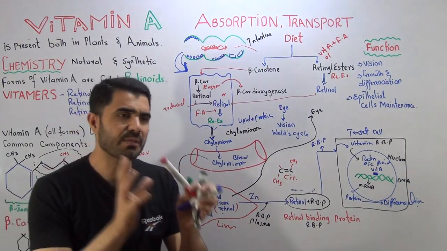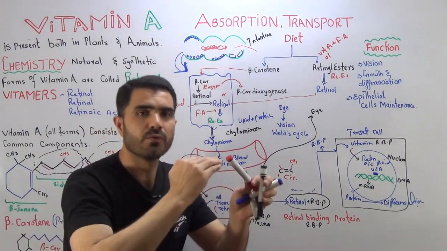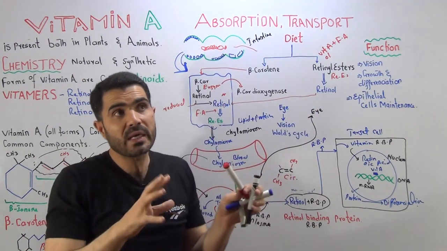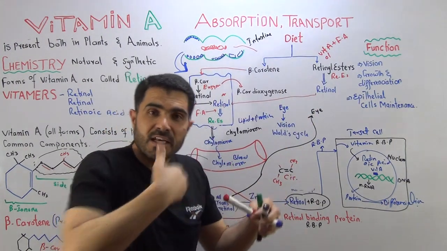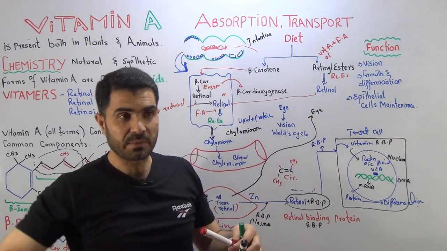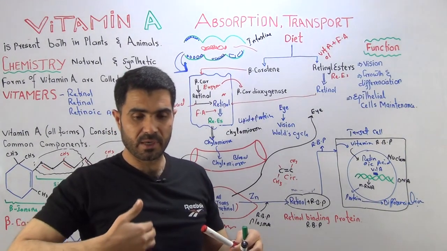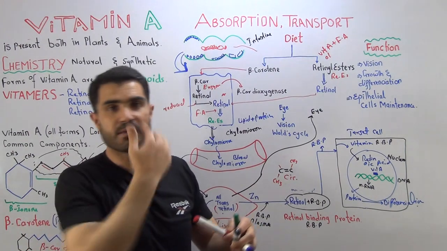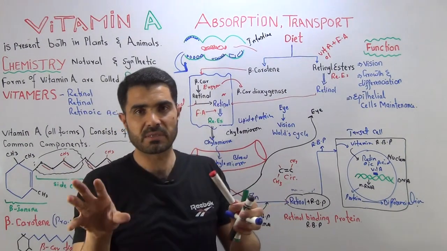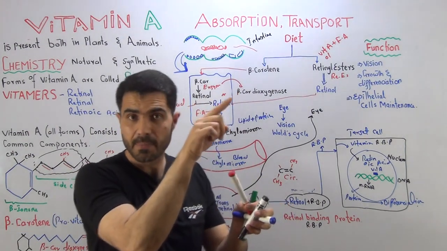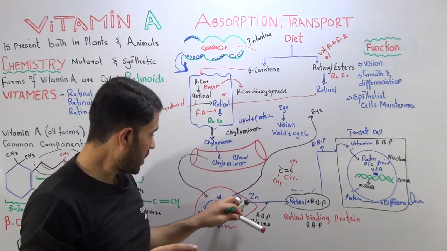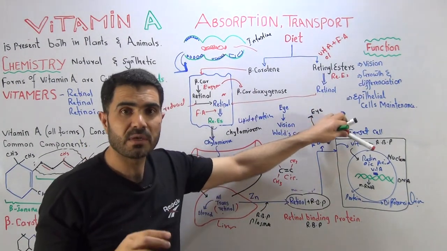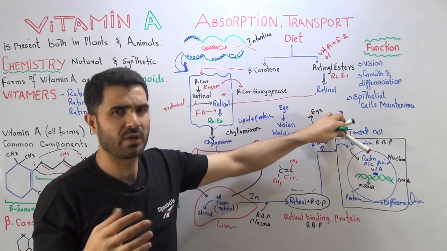From the liver, the vitamin A has to move to the body parts where it can deliver its function. Means vitamin has to travel in the blood from the liver to our eye. From the liver to our eye, definitely there is blood. In blood, vitamin A has to travel and go to the eye. So in the eye, vitamin A will perform its function in vision.